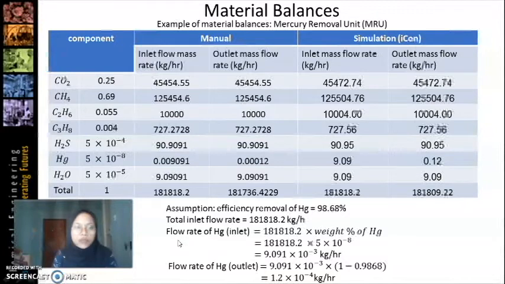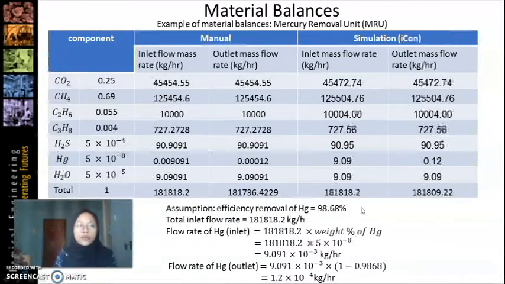For example, here we calculated the inlet flow rate of mercury by multiplying the total inlet flow rate with the weight fraction of mercury, and after that we continue to calculate the outlet flow rate of mercury by multiplying the inlet flow rate of mercury with 1 minus the efficiency removal of mercury.